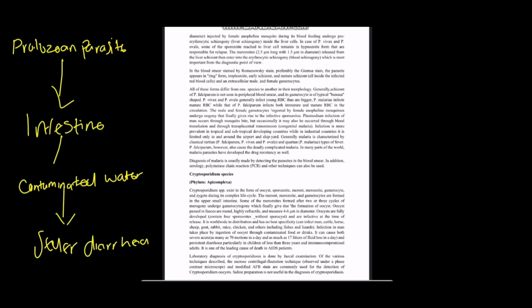Okay, all right. And the method by which this infection can be detected in a host is through stool examination. In essence, the Cryptosporidium is an intestinal protozoan transmitted through contaminated water, causing severe diarrhea, especially in individuals with a weak immune system.